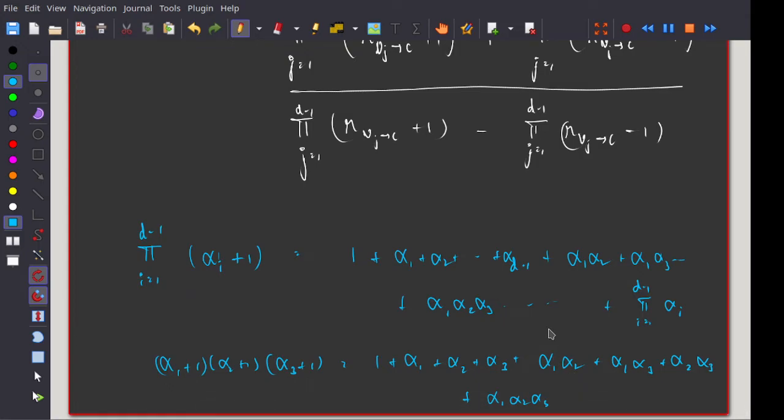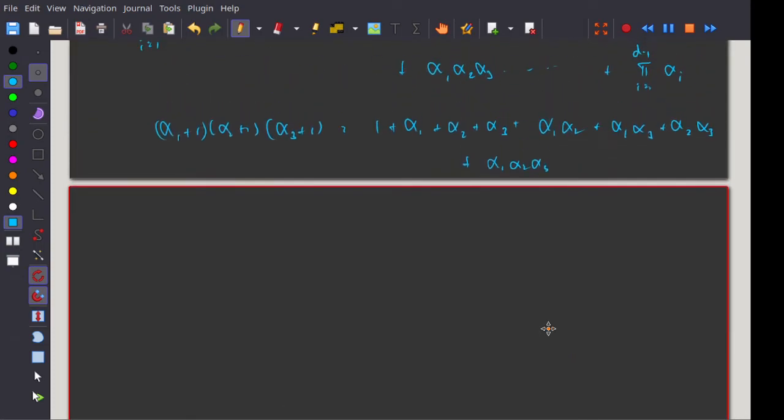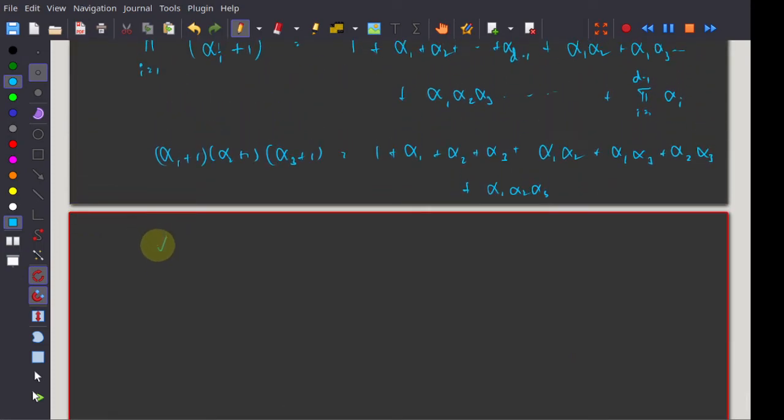Okay, so now what happens to the other term? I have, let's say, alpha 1 minus 1 times alpha 2 minus 1 times alpha 3 minus 1. What would this be equal to? In this, you have exactly the same terms, but the signs could be different.